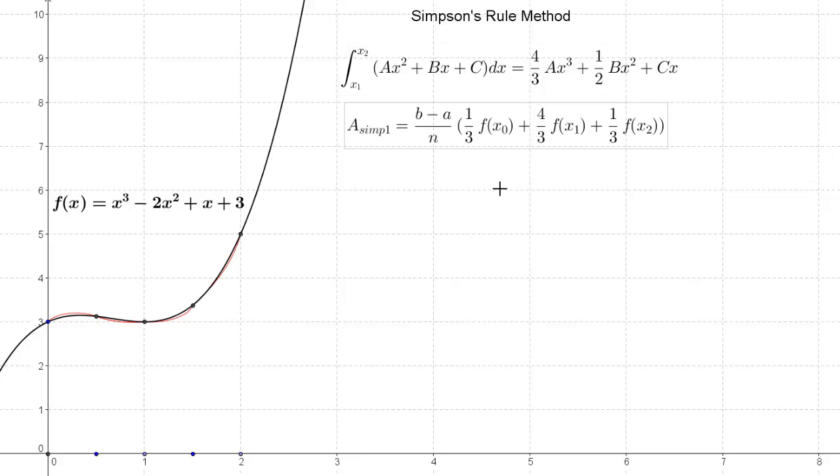But suffice it to say that when you finish simplifying a lot of math, the area of one of these Simpson's rule shapes is going to be b minus a over n times 1/3 times the very first left function point plus 1/3 times the far right function point plus 4/3 times the middle function point.